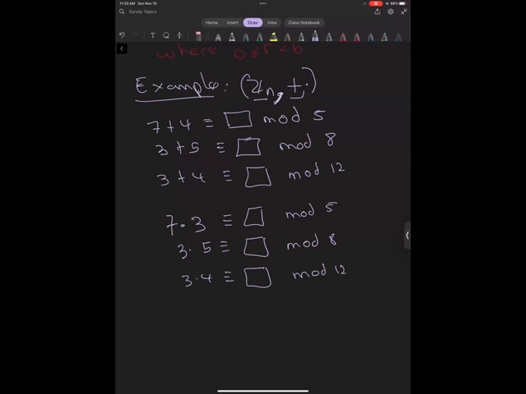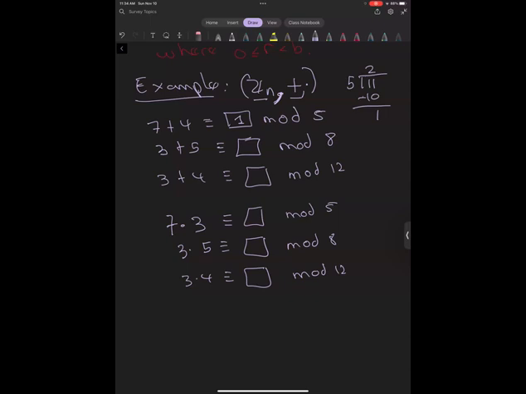So what is 7 plus 4 modulo 5? 7 plus 4 is 11, modulo 5. You do your division algorithm in your head: 11 divided by 5, 2 times 5 is 10, minus 10, 1.